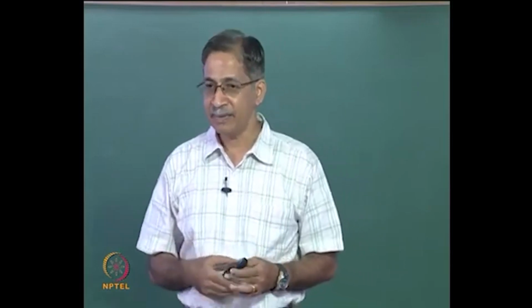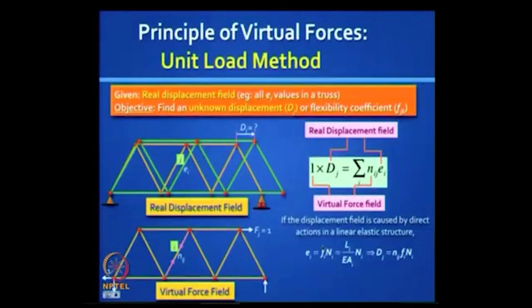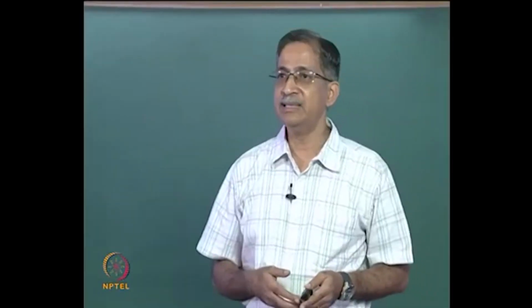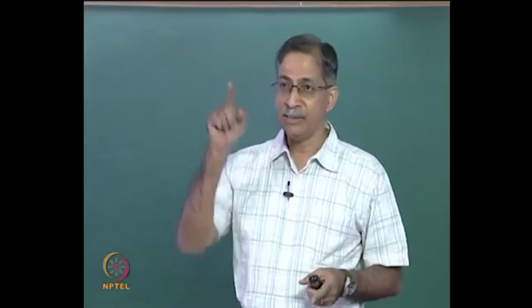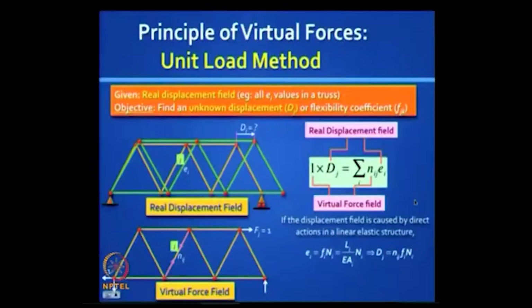What is fi? It is the actual flexibility in the truss, and we have already seen this fi is equal to Li by EAi. We assume that all the bars have the same material, so the E value should be common. If it is not, you can account for it, and so you have this formula: dj is equal to the sum of nij fi Ni.